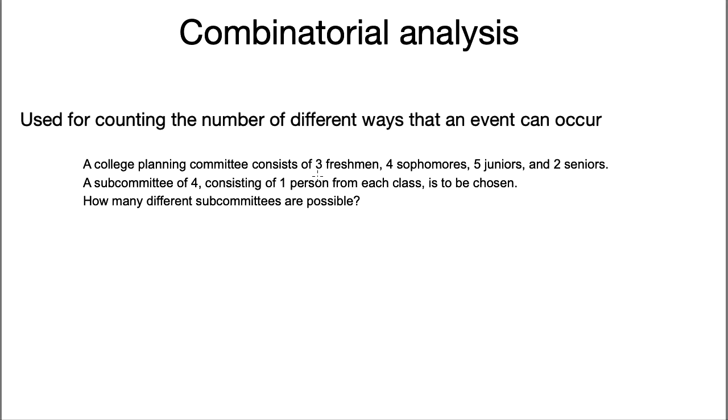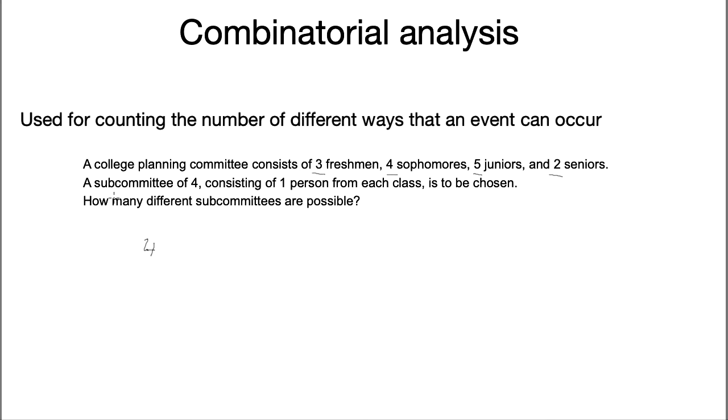In this example we have 3 freshmen, 4 sophomores, 5 juniors and 2 seniors, and we want a subcommittee of 4 persons, consisting of 1 person from each class. So from each class we have just 1 person.